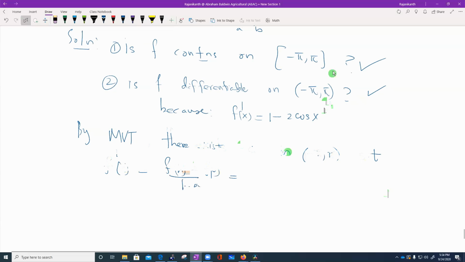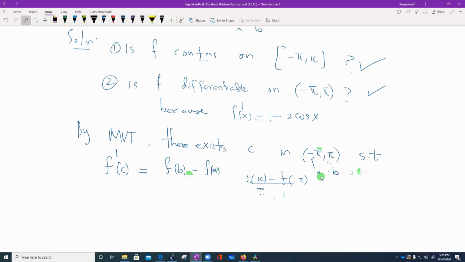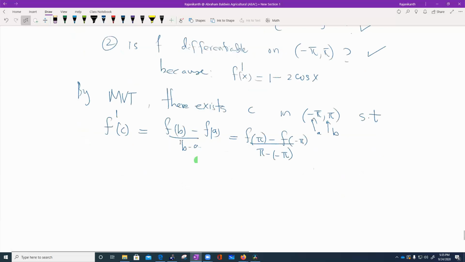In our case, a and b are simply these two values. So plugging those in, f of pi minus f of negative pi over pi minus negative pi. I'm simply plugging in the values.